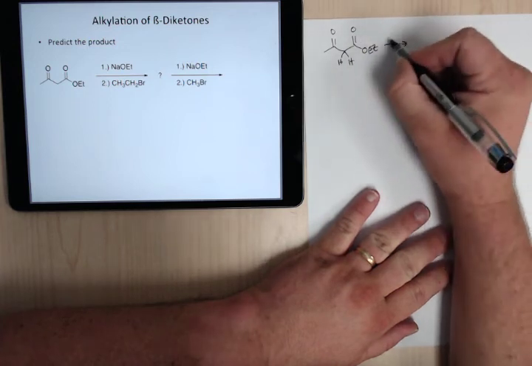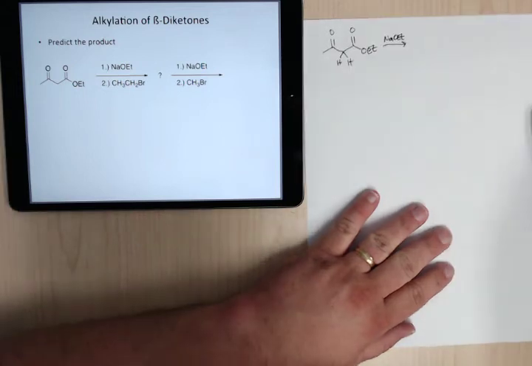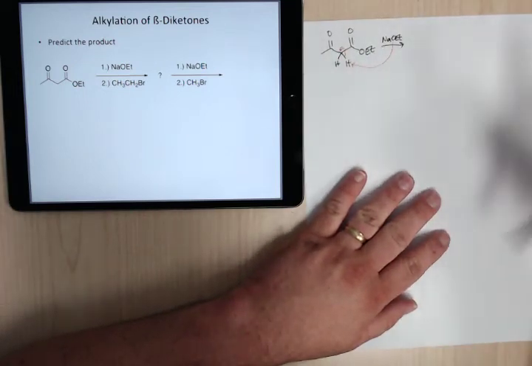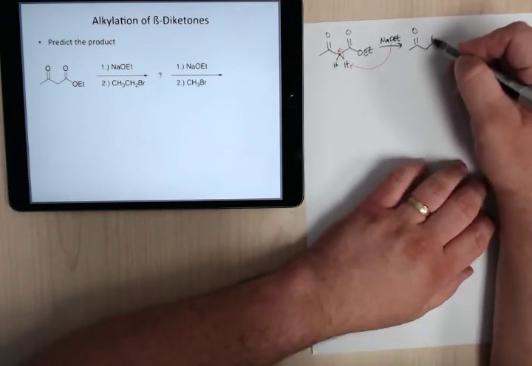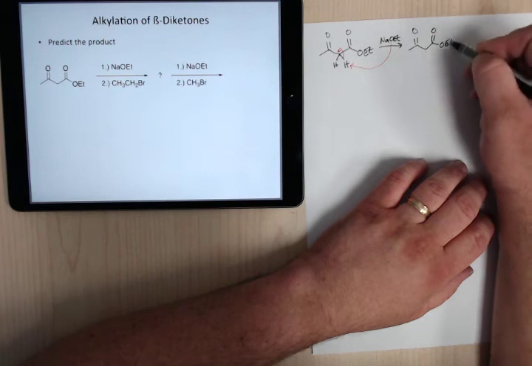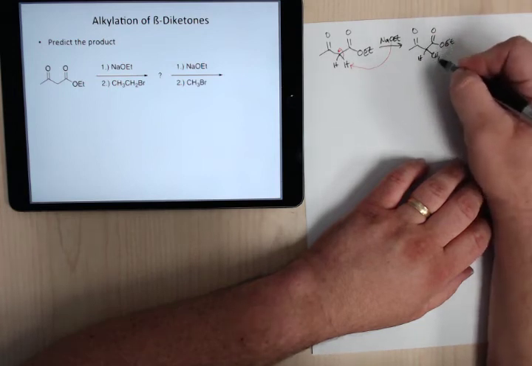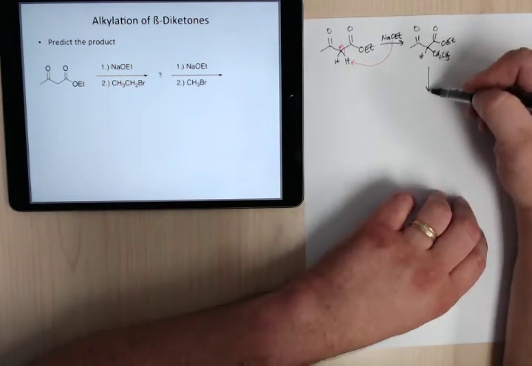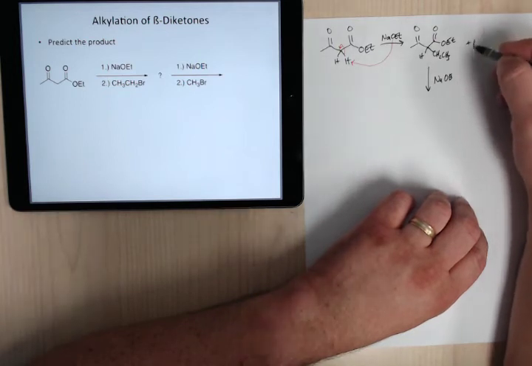If you use something as simple as sodium methoxide, this is going to come in, grab this, put those electrons up there, and you're going to make hydrogen and then ethyl. But if we do this again, with sodium methoxide, this would be plus ethanol.